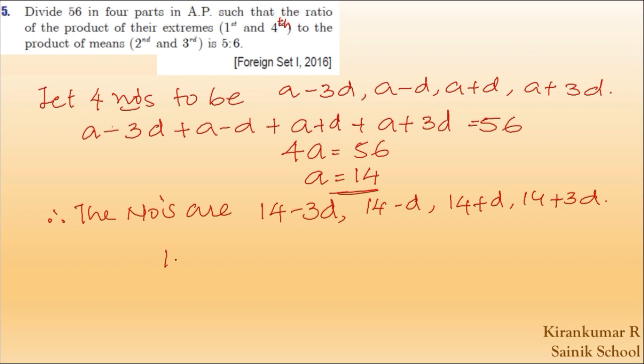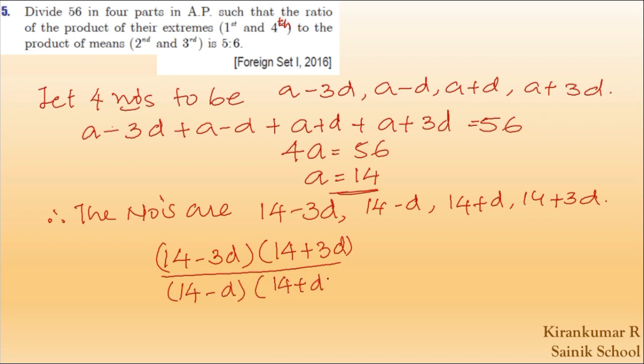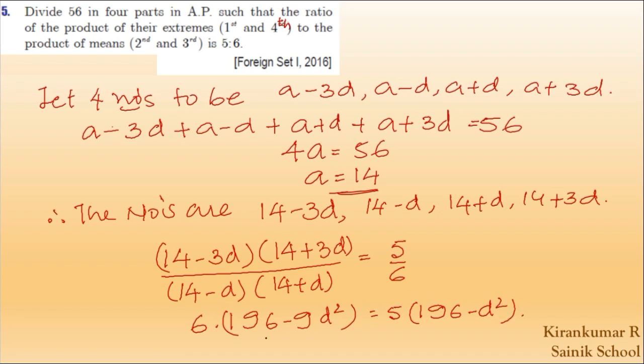So the product of the extremes is 14 minus 3d multiplied by 14 plus 3d, divided by the means, 14 minus d and 14 plus d. The ratio is 5:6, 5/6. So further on simplification, we get 6 times (14 square, 196, minus 9d square) equal to 5 times (196 minus d square). This equation has to be simplified.